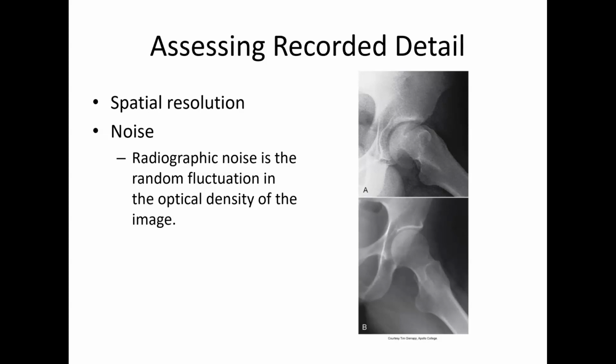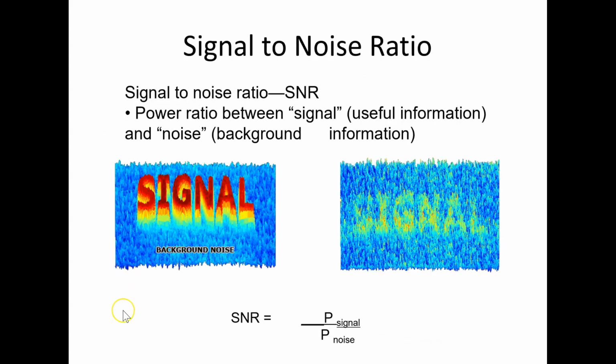And if you remember, noise can be measured by the signal-to-noise ratio in digital imaging. Basically, that is the signal or the information that you want in your image versus the amount of noise, the background noise in the image. And so you want a high signal-to-noise ratio. You want more signal than there is noise.